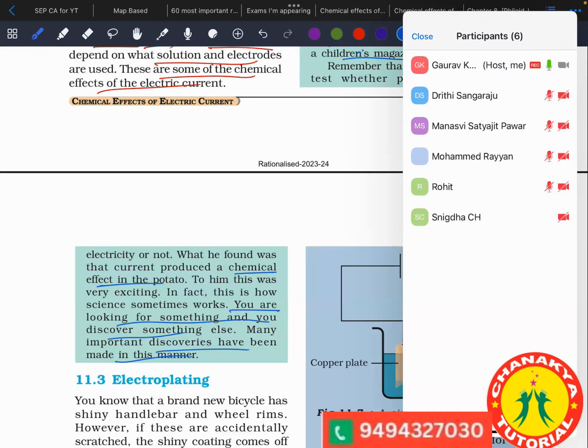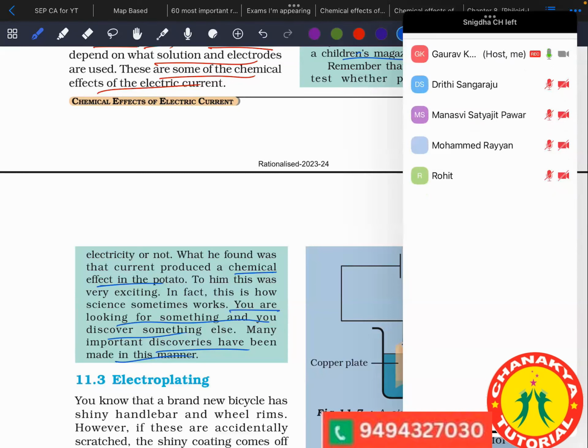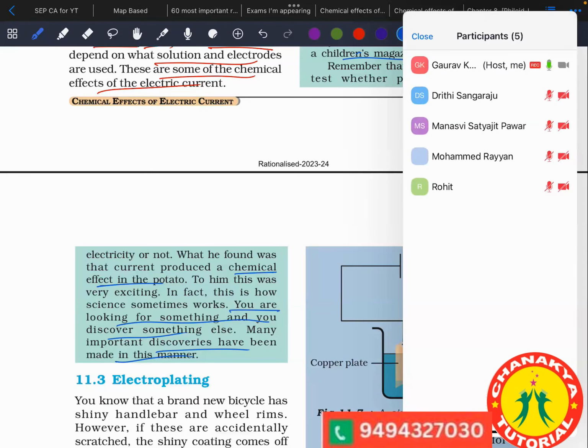It depends on that material only, whether it allows electric current to pass through it or not. With only this detail that it is basic in nature, we will not be sure. Let's say if you are taking a liquid and you have tasted that it is bitter, that means it is a base, so you can directly conclude that it will conduct electricity.